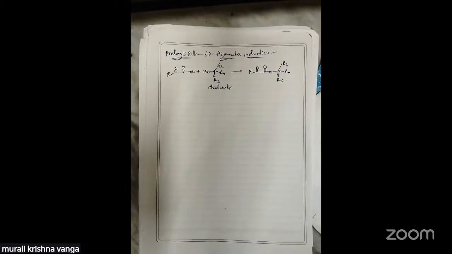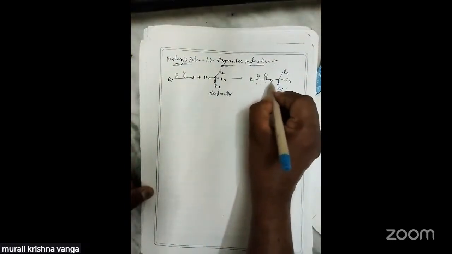The electrophile and the nucleophile attack at the carbonyl carbon with respect to the chiral center at the fourth position. So this is one, two, three, four.